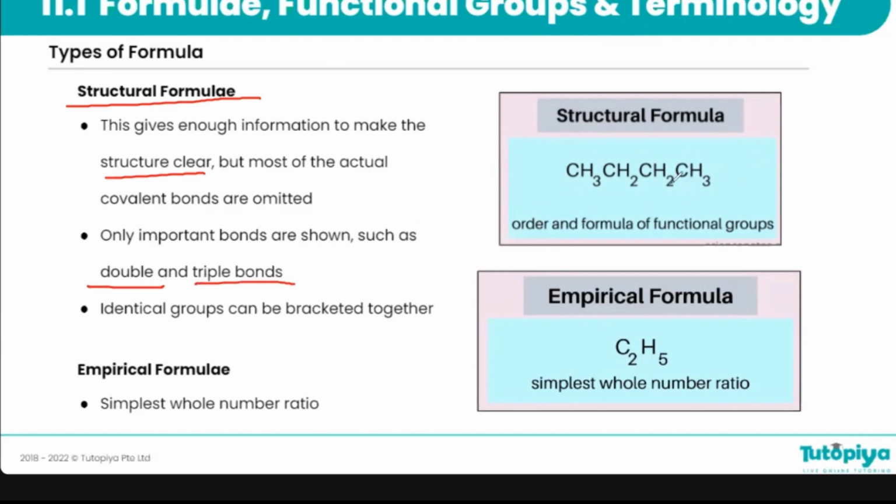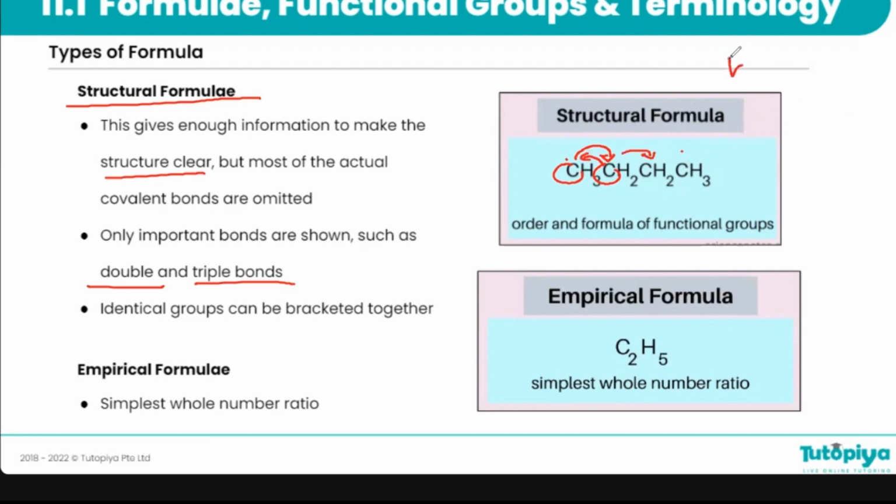For example, here, this is the formula for butane. Butane doesn't have any double bonds or triple bonds. So none of the bonds are shown, but each of the carbons and what is attached to each of that carbon is shown. For example, this carbon, of course, is attached to this carbon and 3 other hydrogens. This carbon is attached to this one and the one next to that, and 2 other hydrogens.